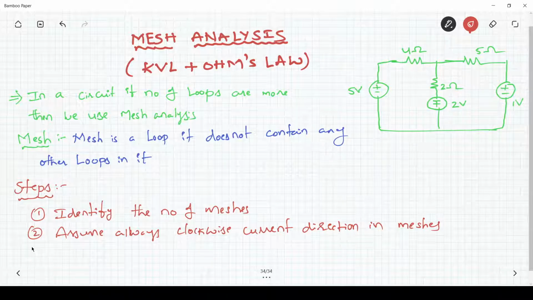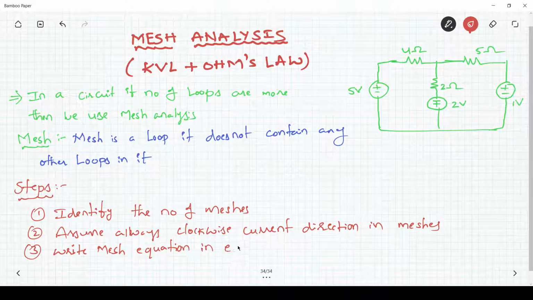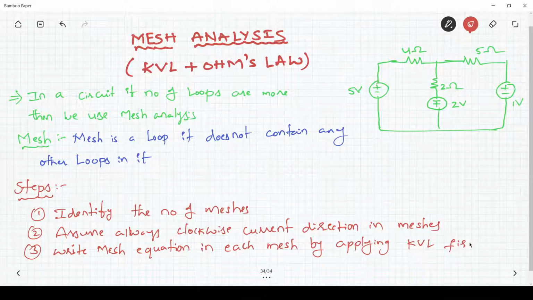Now what is the third step? Write the mesh equation in each mesh by applying KVL first and Ohm's law next.